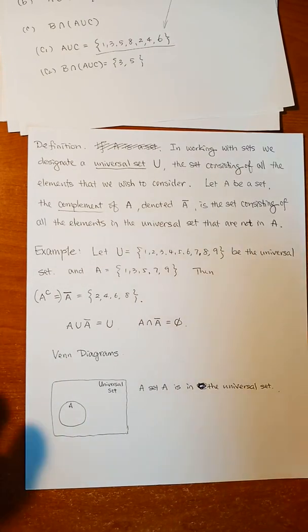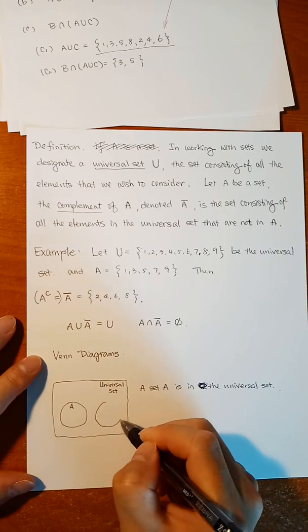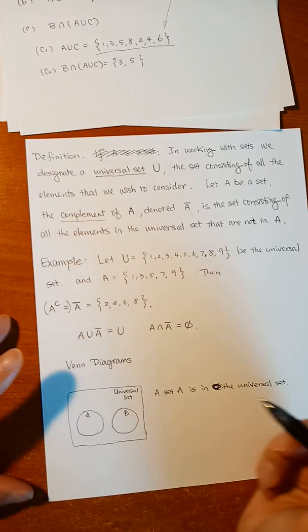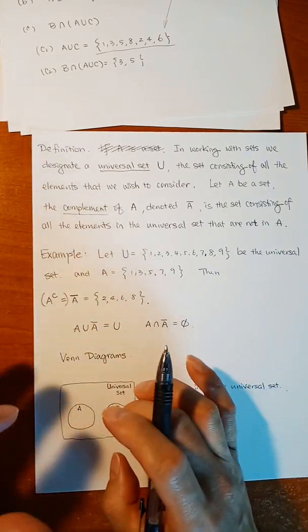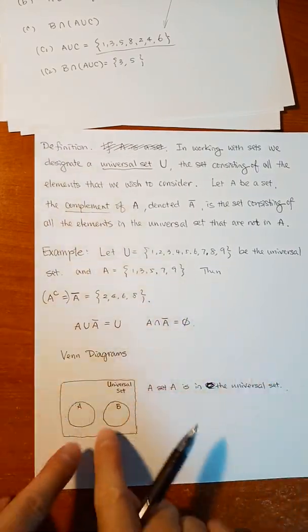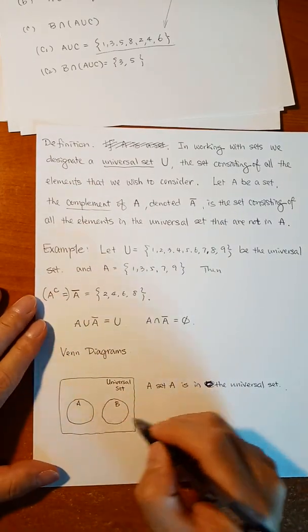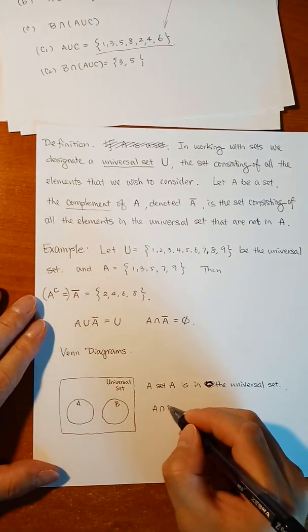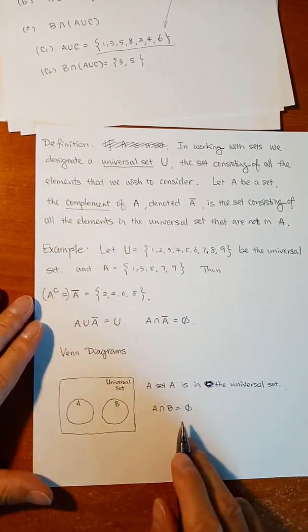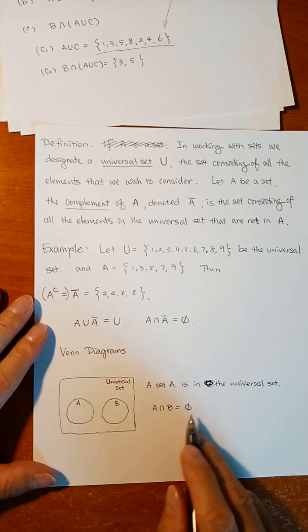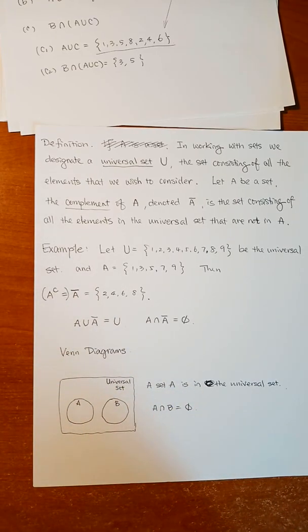Of course, you may have set B. If you draw your set B like this, you see those two regions do not overlap. Then when you draw this, you want to represent a situation where the intersection is empty, because they are not overlapped.